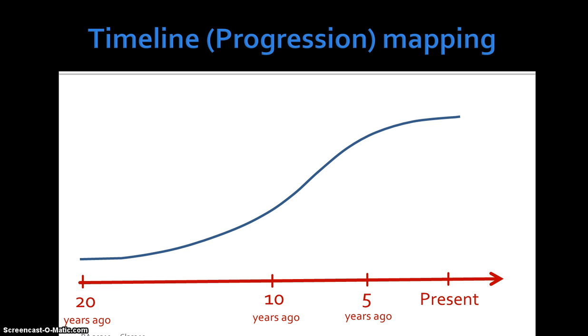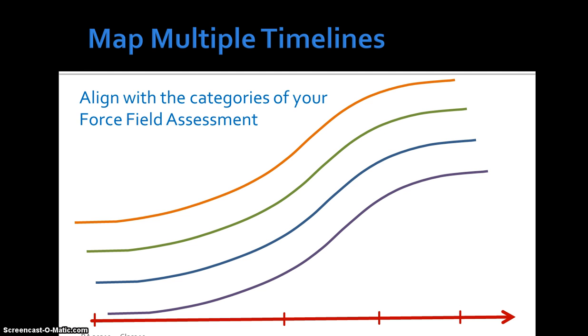And as we understand our topics have complexity, there's multiple categories at work, and we've made enough progress with our framing and our understanding, not just of the central element of our topic, but of the various categories of change that are most impactful in describing how change has occurred and will occur, that we want to map multiple timelines.